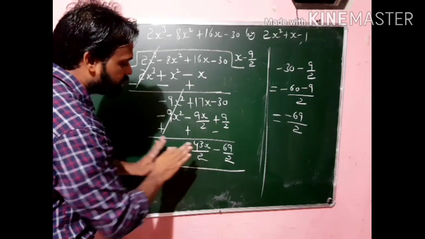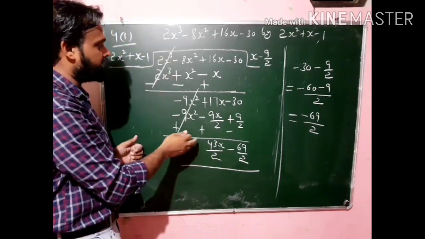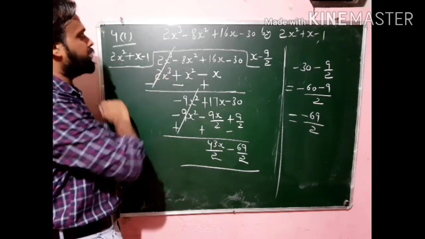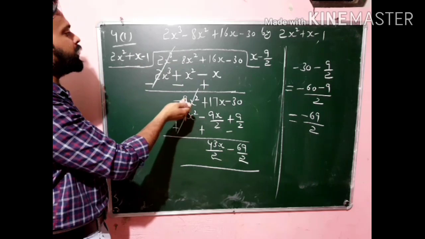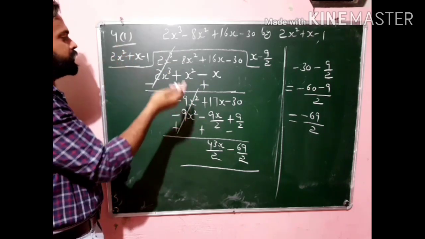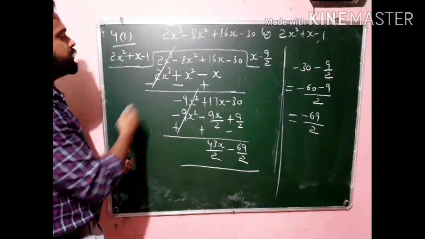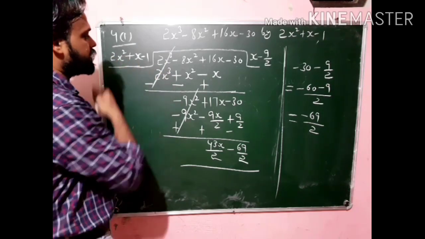So here we have to stop the division. So it means while solving we have to see all the time that the power of the dividend should always be greater than or equal to the highest power of the divisor. So in this case I already explained that here the power is 3, that is greater than 2. Of course 3 is greater than 2.